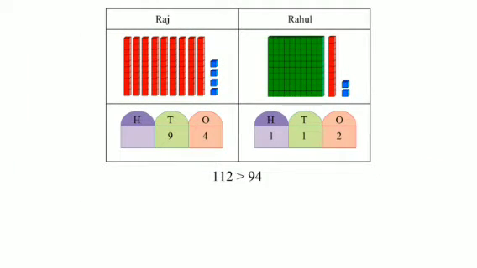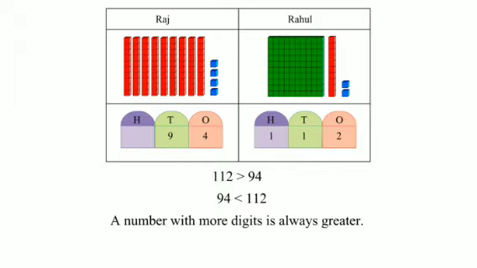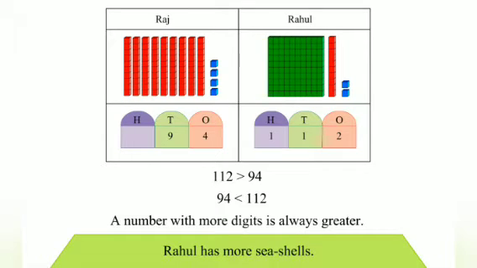This means 112 is greater than 94. We can also say that 94 is less than 112. Therefore, Rahul has more seashells.